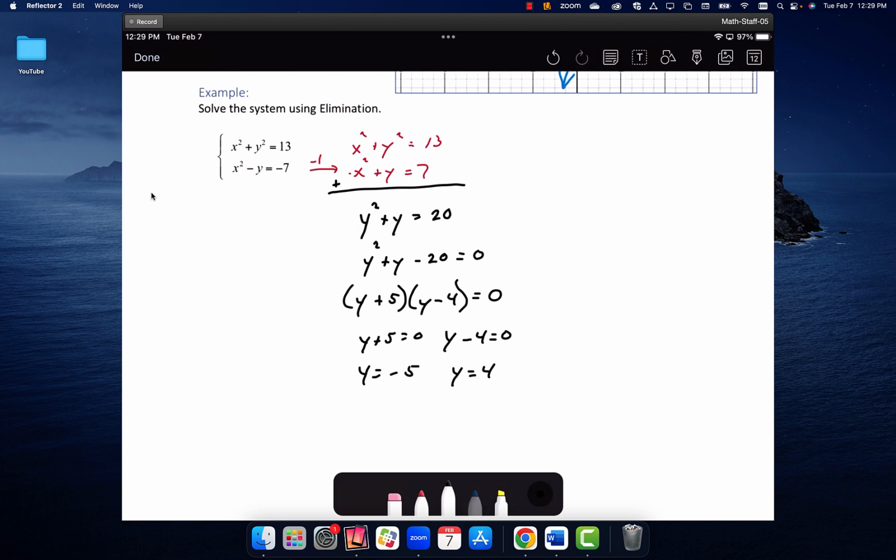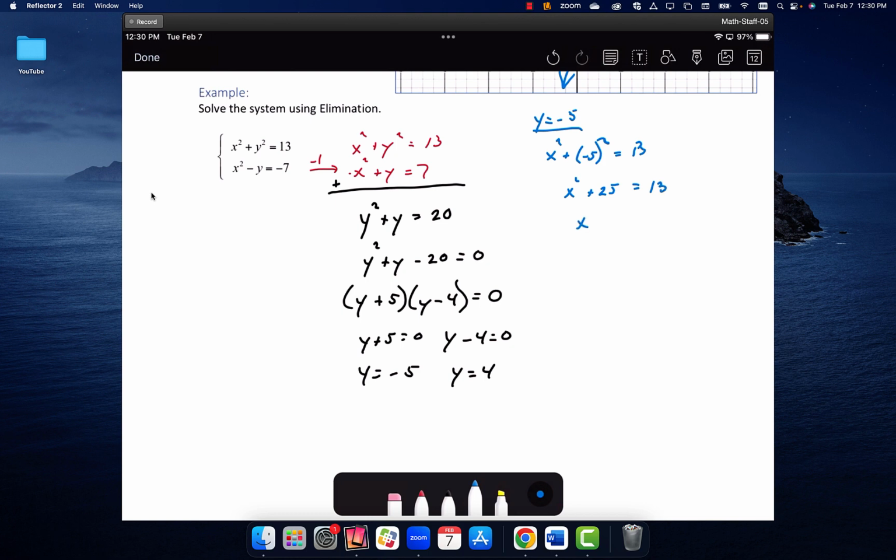Let's check. So we're going to check -5 first. So this time, notice y is -5. So we're going to replace the y's with -5. I'll do it to the top equation first. We're getting x squared plus 25 is equal to 13.